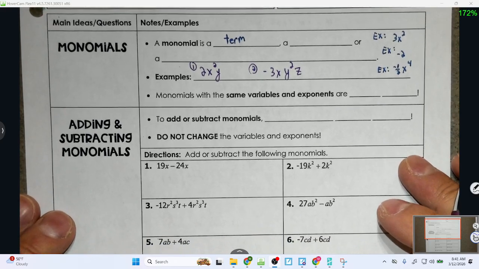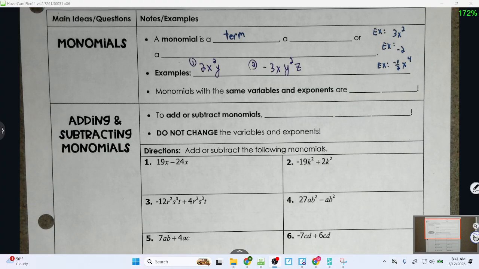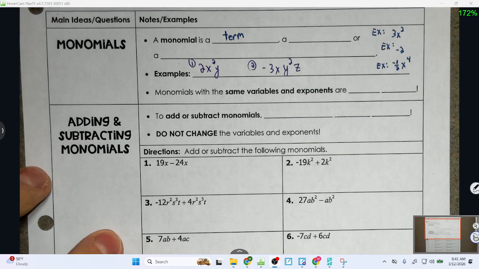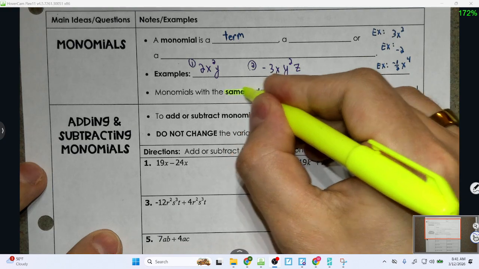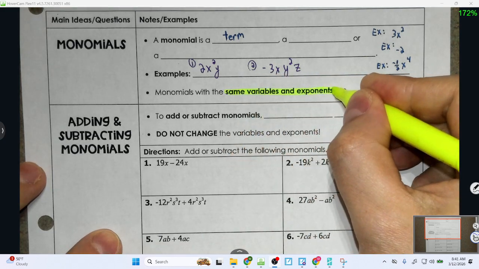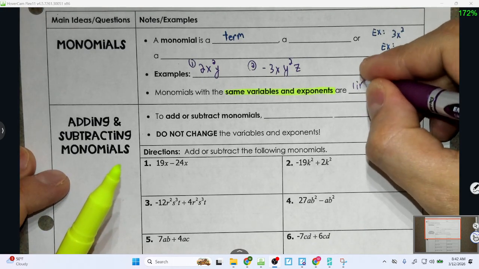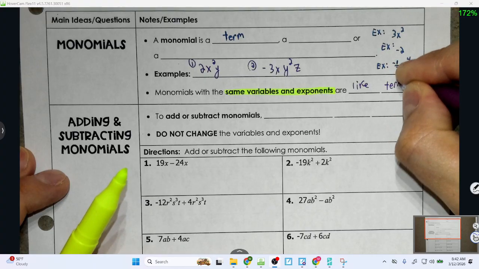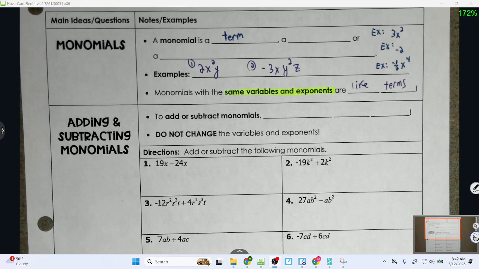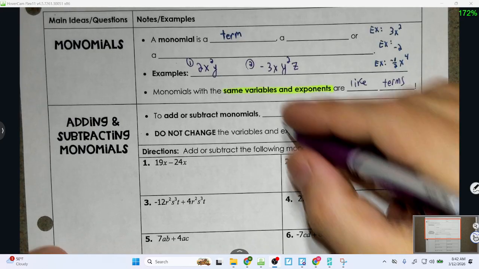Monomials with the same variables and exponents, they need to have both the same, are like terms. So to add or subtract monomials, it's pretty simple.